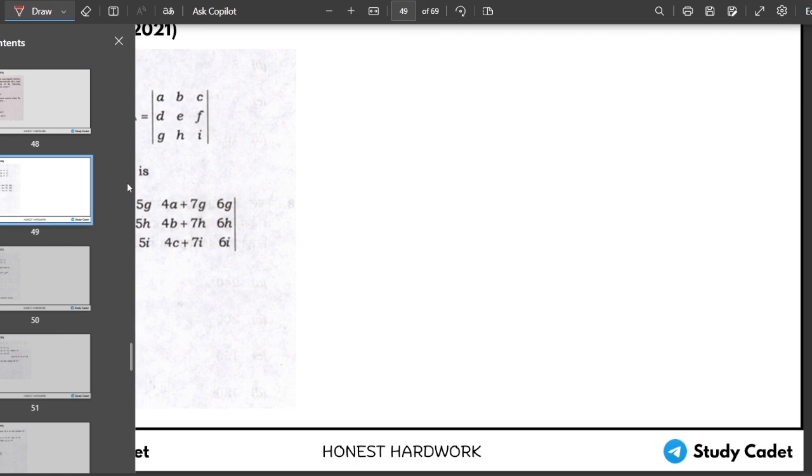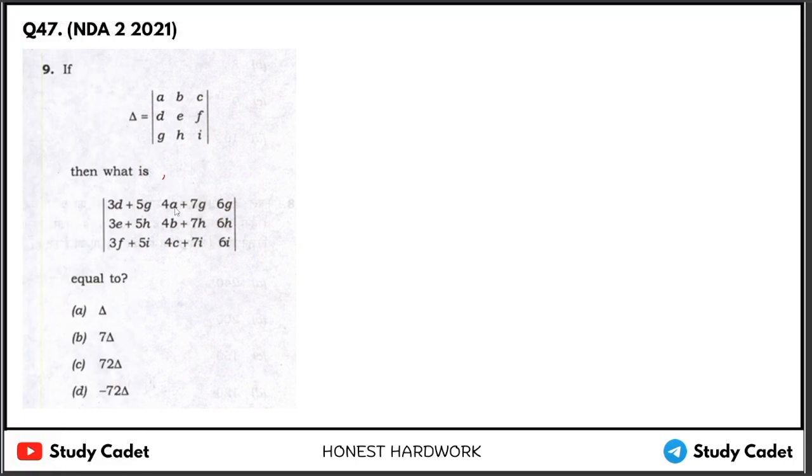Okay, if this, then what is the value of this? See, we can split it into rows. Whatever I will do with the second thing, that will be 0. So we need to keep in mind the first thing only, because these are the same. So 3D, 3E, 3F, these 3 rows are here.